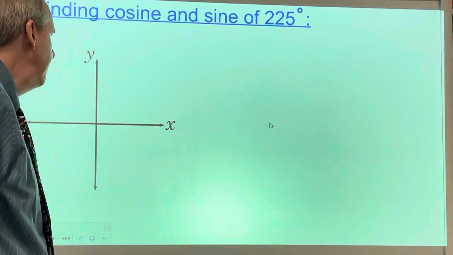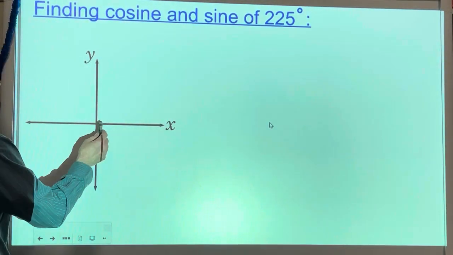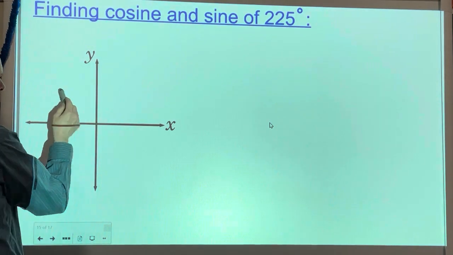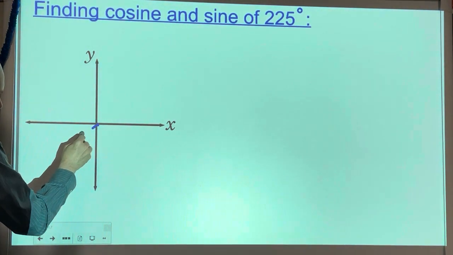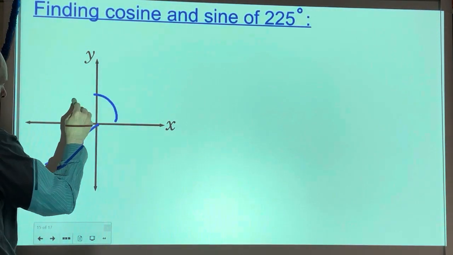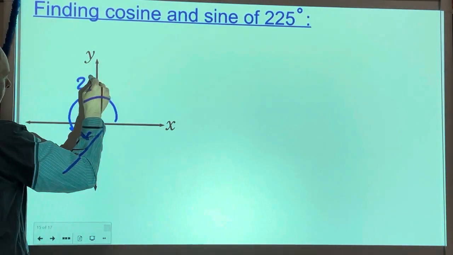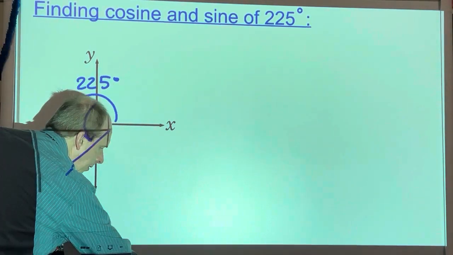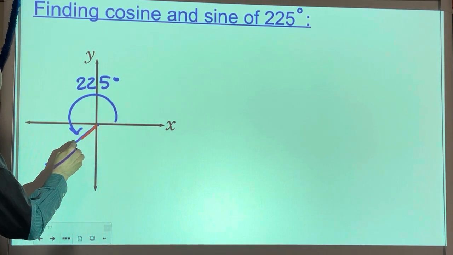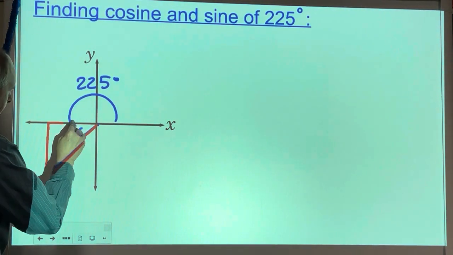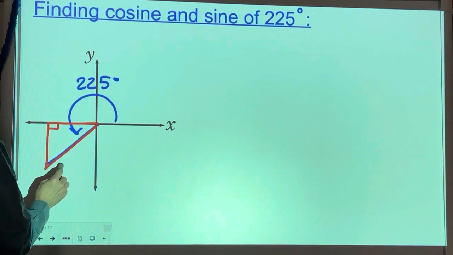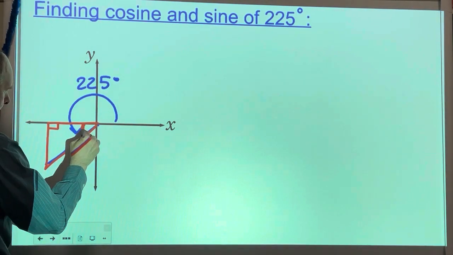225, 45, 90, 135, 180, 225 is here. Draw your right triangle. How big is our reference angle?